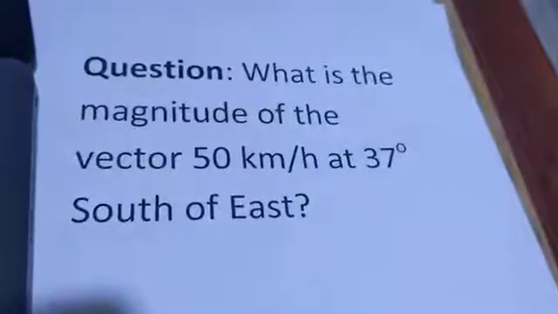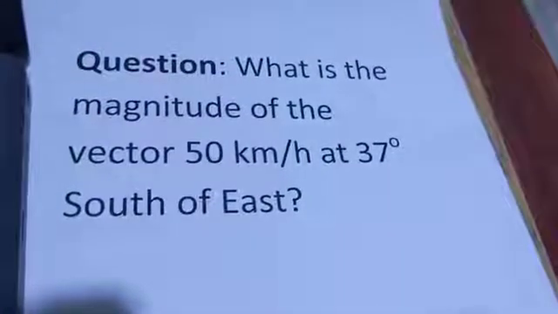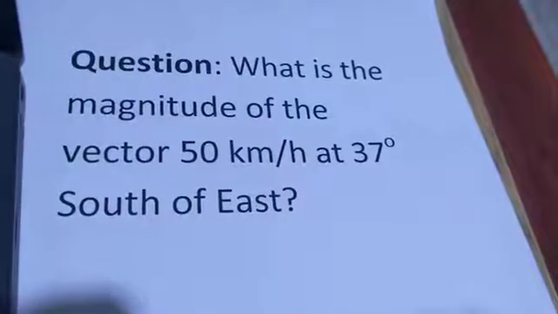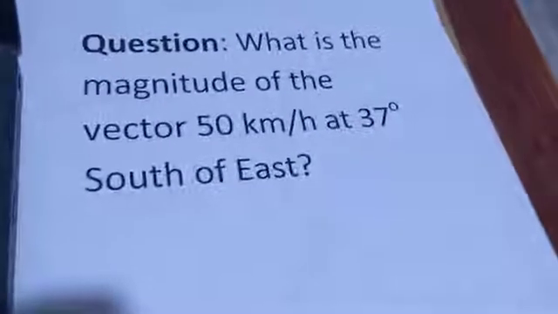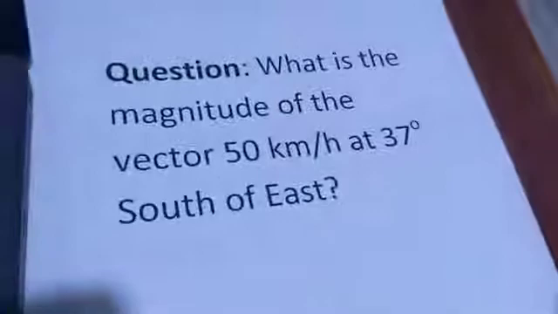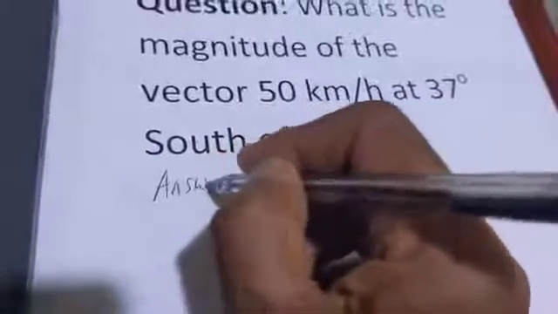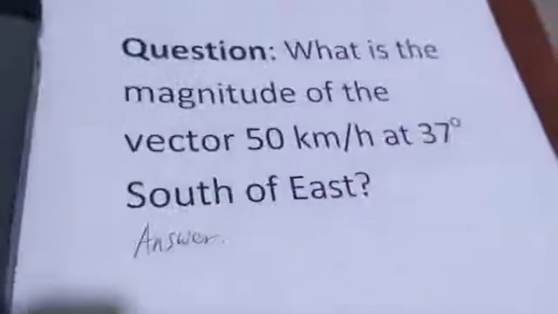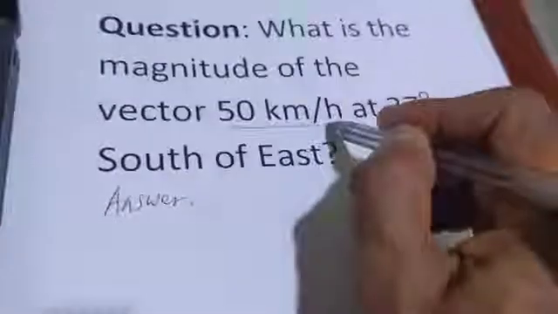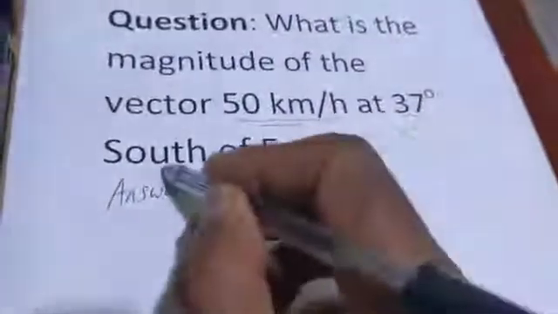What is the magnitude of the vector 50 km per hour at 37 degrees south of east? What is the magnitude? Now you can see here that this is the magnitude, and this describes the direction.